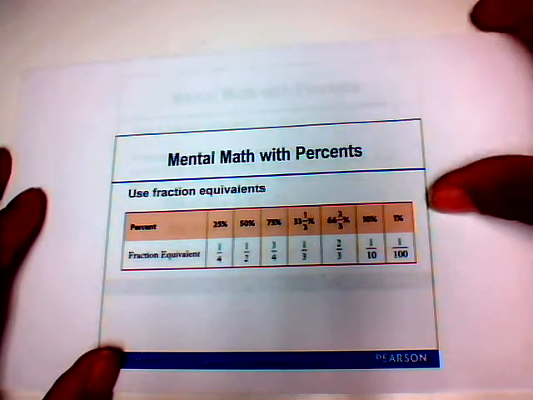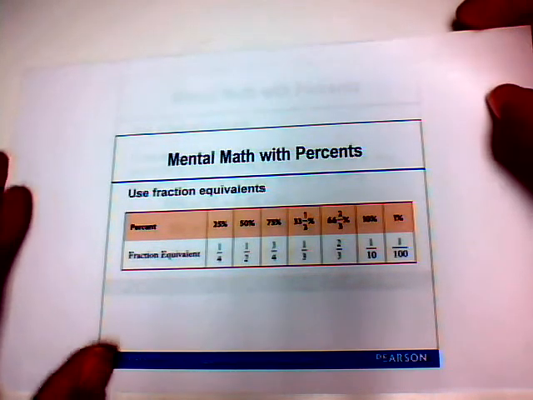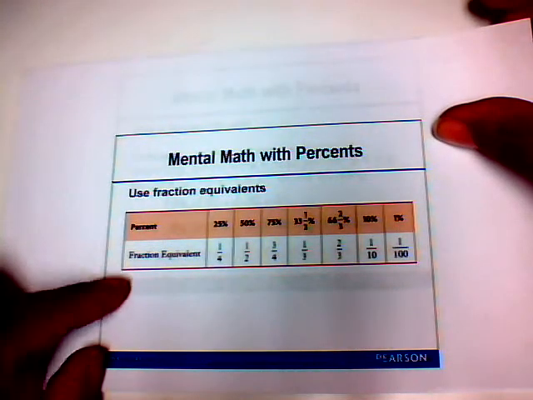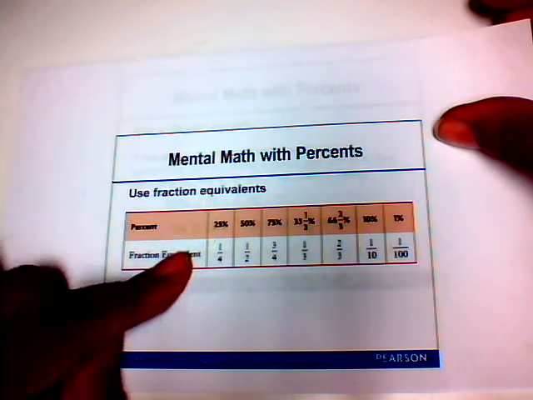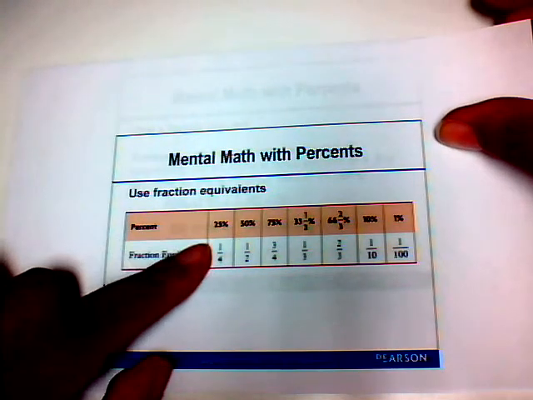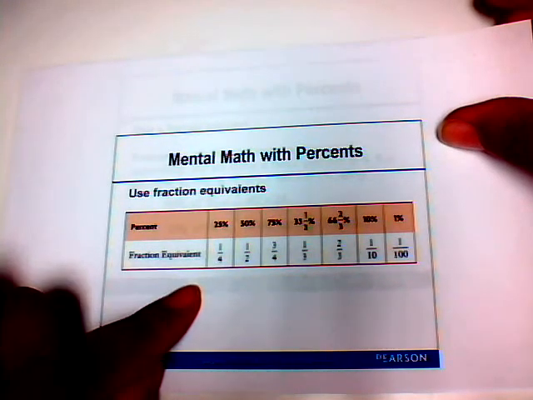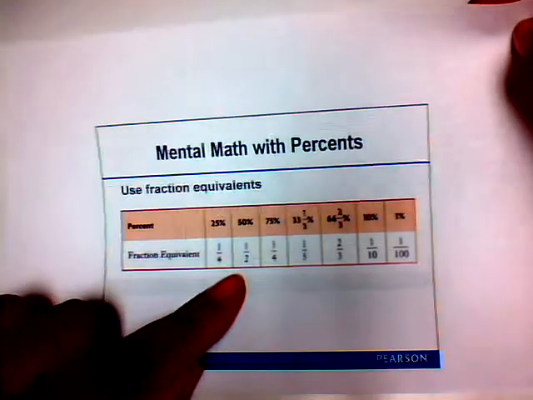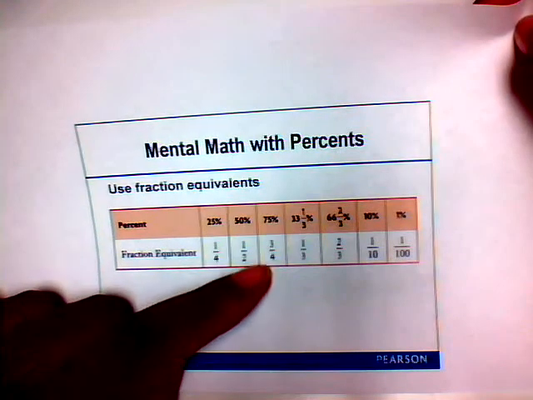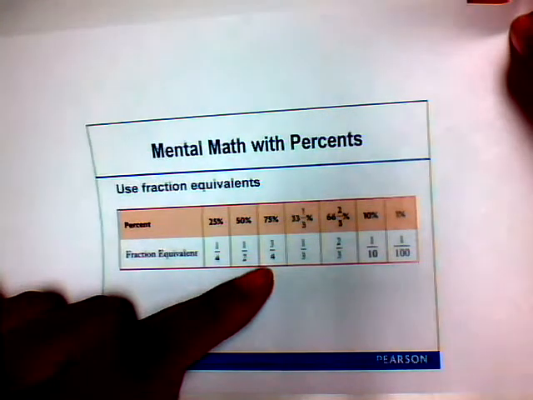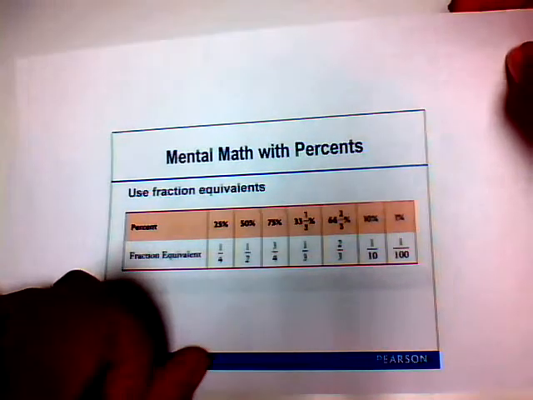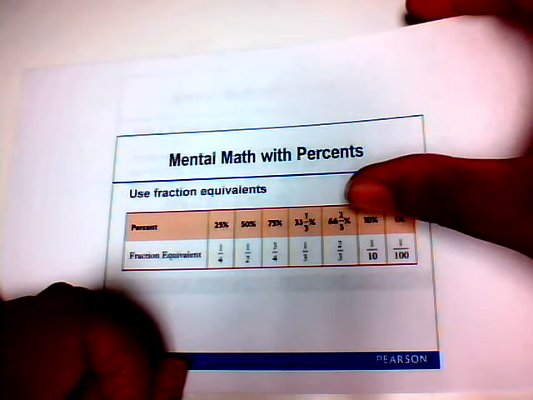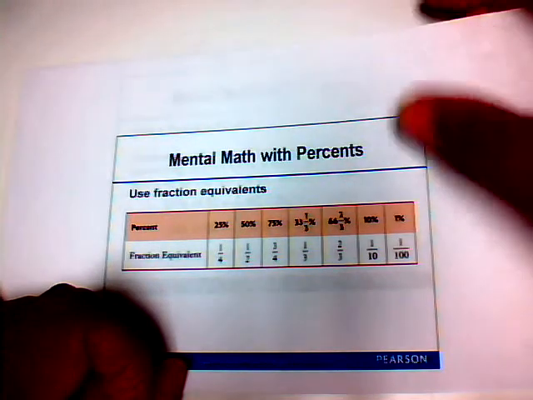Okay, next we'll look at some mental math that has percents in it. So here we're going to use fraction equivalents. Now, 25% as an equivalent fraction will be 1/4. 50% as an equivalent fraction will be 1/2. 75% as an equivalent fraction will be 3/4. 33 1/3% as an equivalent fraction will be 1/3. 66 2/3% would be 2/3 as an equivalent fraction.